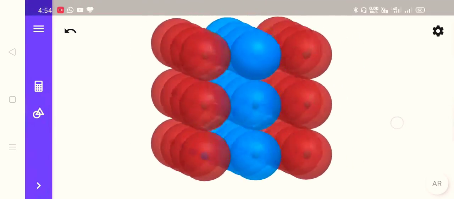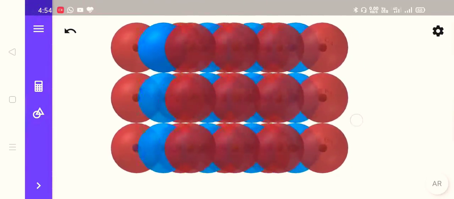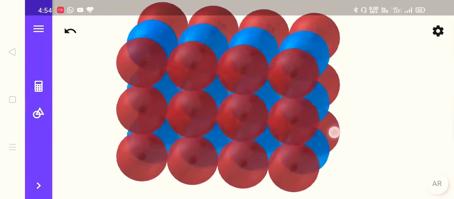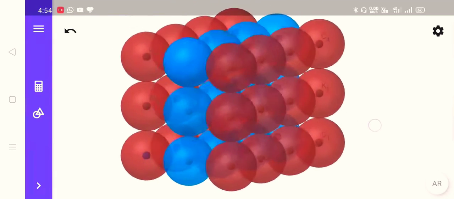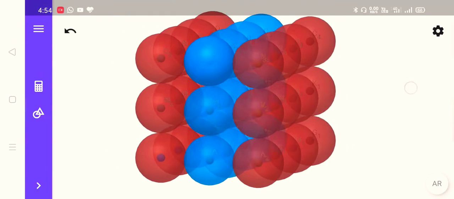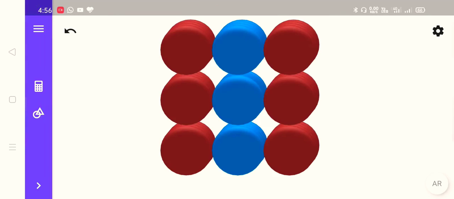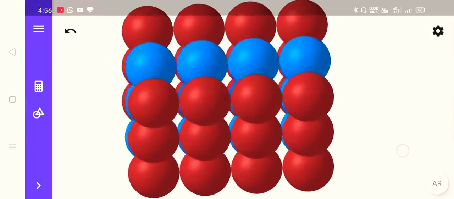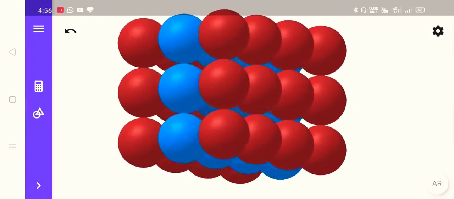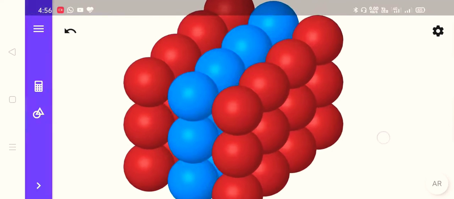As we can see, all of the two-dimensional layers are exactly of the same type, and if we connect their centers, you will get a geometrical shape. Let us see. First of all, this is our three-dimensional arrangement.